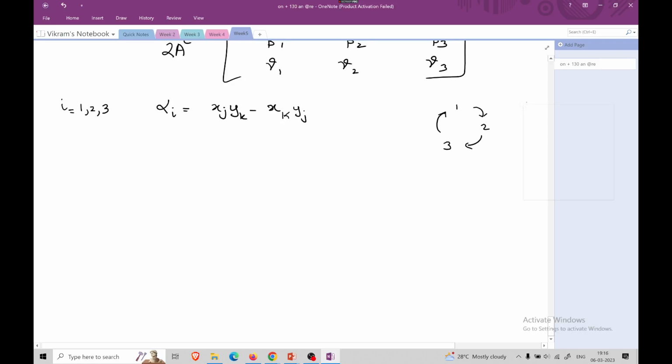Okay, so if i is equal to 1, then my j will be 2, then my k will be 3. Or else if you take another case, basically it's a permutation. If I take my i, then I am going to go in this direction and fix this as j, and going in this direction I fix this as k. So if I put alpha is equal to xj yk minus xk yj, let us take alpha 3, so i is equal to 3.